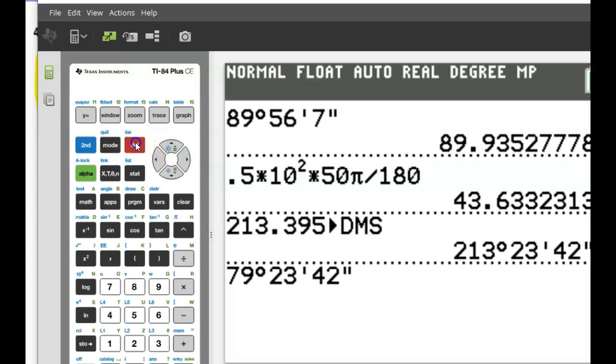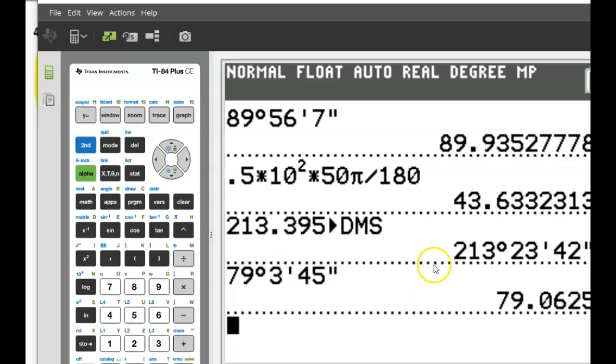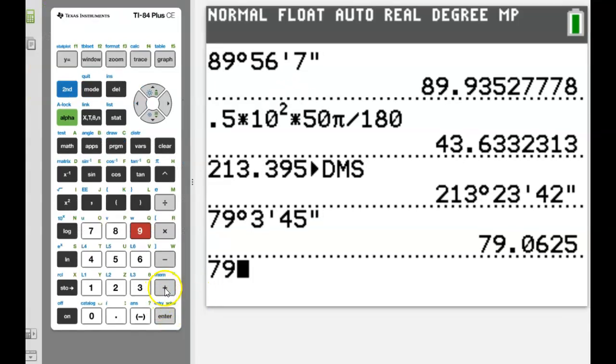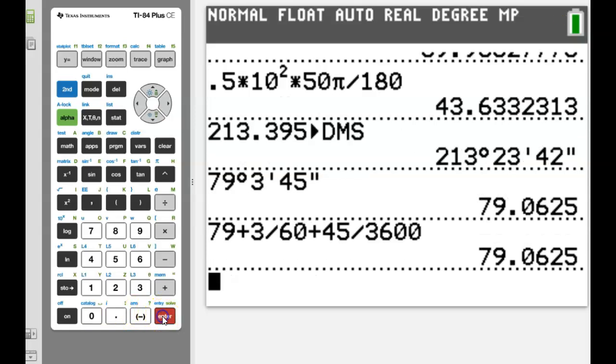79, 3, and 45, was it? 79.0625. I always go 79 plus what? 3/60ths plus 45 3600ths, because that's how many seconds.